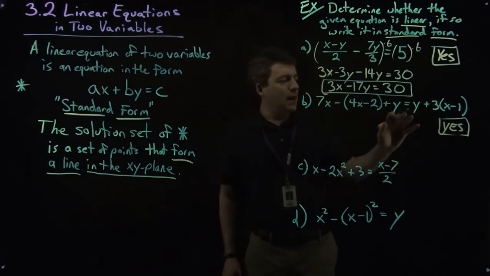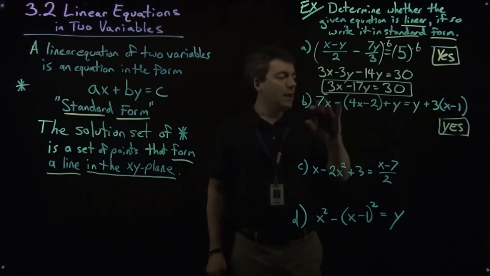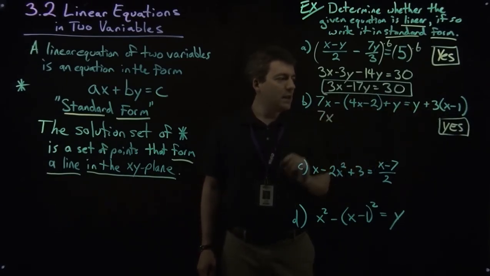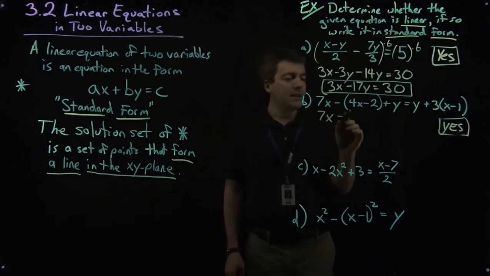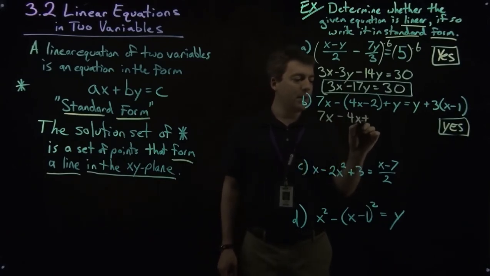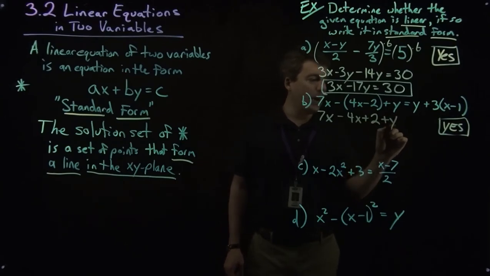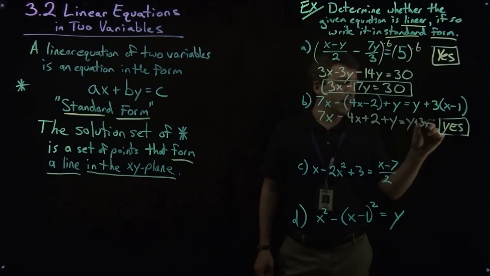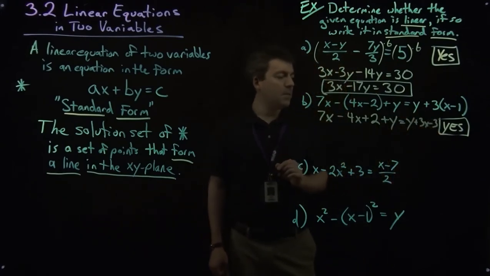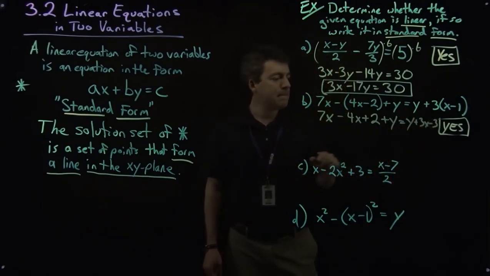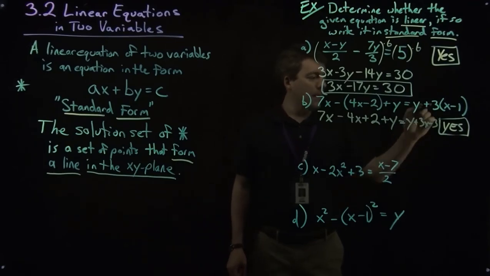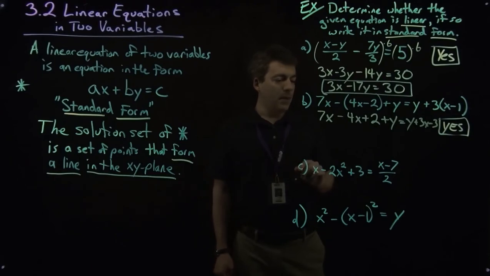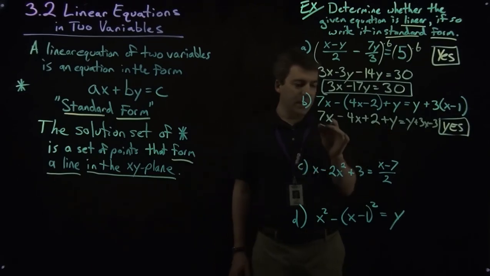There's a lot of parentheses, there's a lot of multiplication going on. So let's go ahead and distribute and do what we can here at the beginning. So we have 7x minus 4x plus 2 plus y equals y plus 3x minus 3. That's the 3 times x and the 3 times negative 1. We can combine some of these on the left-hand side.